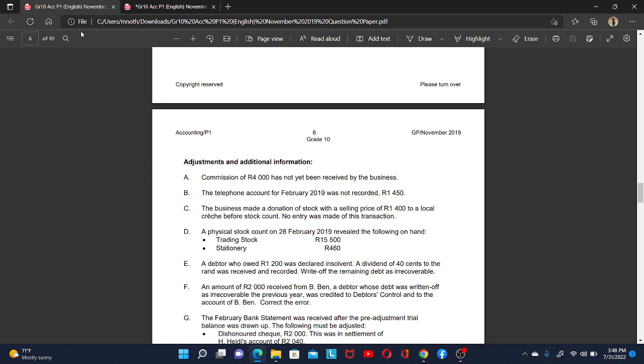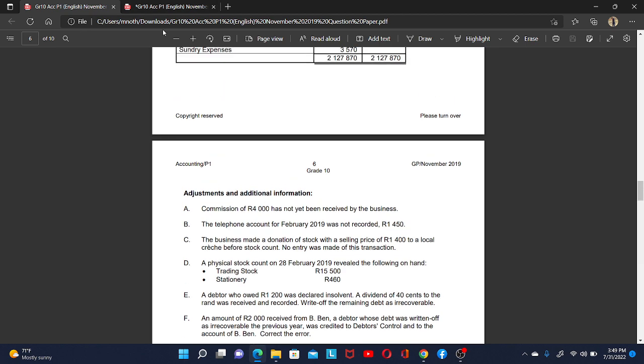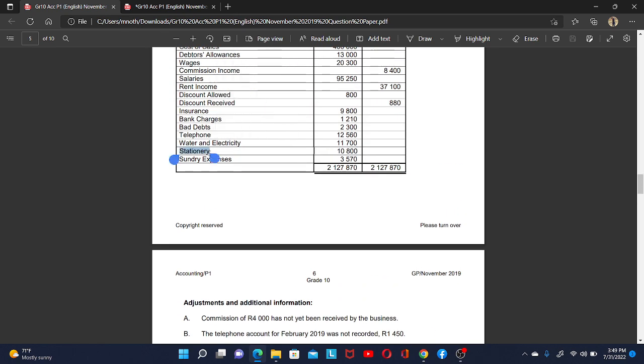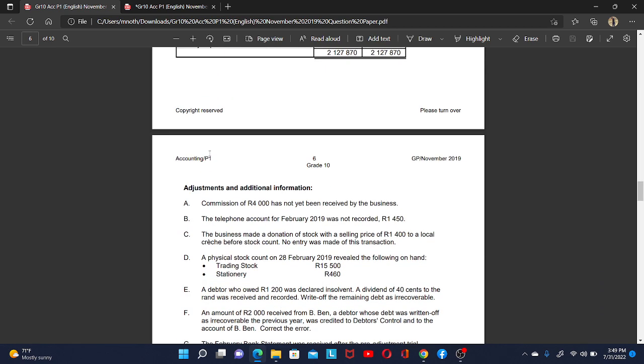They are saying we have stationery on hand, which means we have stationery that is unused. So you have to minus the stationery on hand from the stationery expense in your nominal account section. So I'm going to say 10,800 minus 460.